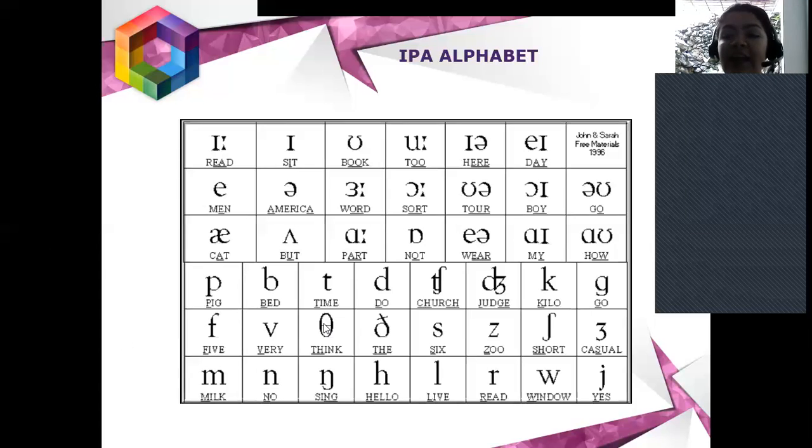Then we have think. This is theta. Think, think. We put our tongue in between our teeth, okay? So we say think. Then we have the, the, okay? The is very different from our D in Spanish because this has a vibration, okay?